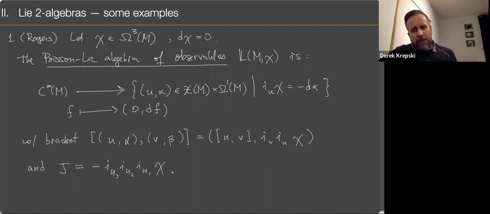And then the Jacobiator is going to be this triple contraction. If you have three of these pairs U_i, alpha_i, then I need to give you an element in V_1, if you like, so a smooth function, and that's the smooth function there. So this bracket does not satisfy the Jacobi identity, and that is the failure there.